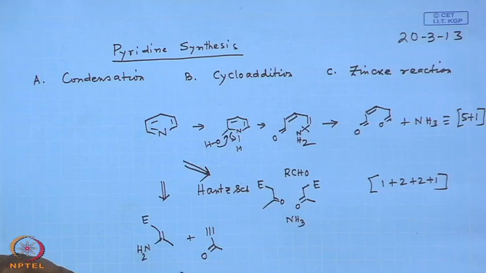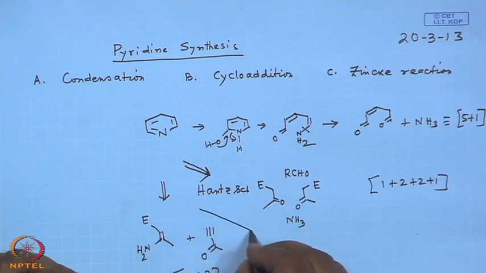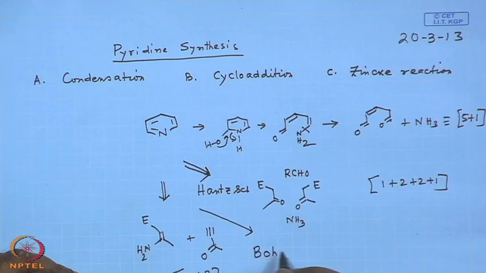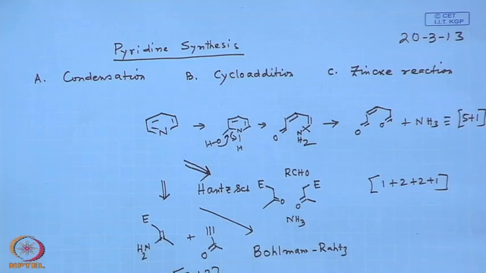This is equivalent to 1, 2, 3, 4, 5, 6, so it is a 3 plus 3 mode, and this has a name. It is named after a natural products chemist, Bohlmann, the Bohlmann synthesis. So, better you remember it as the Bohlmann synthesis, because this is a very useful one.